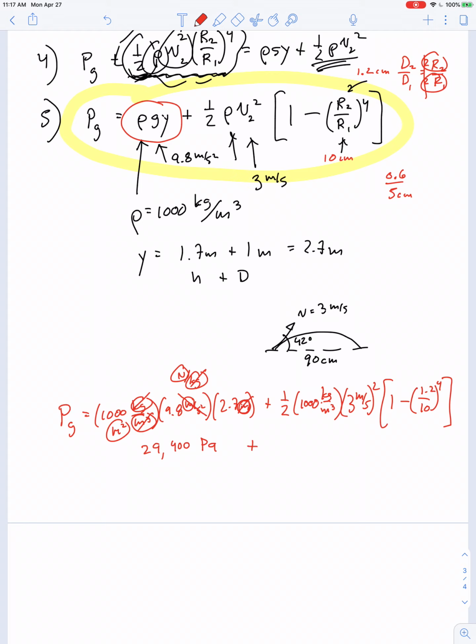Okay, the second term of the equation, plugging into my calculator. Hopefully you're doing the same.